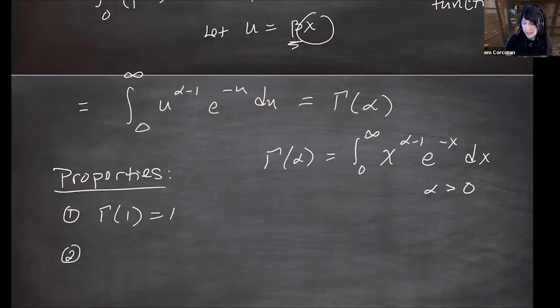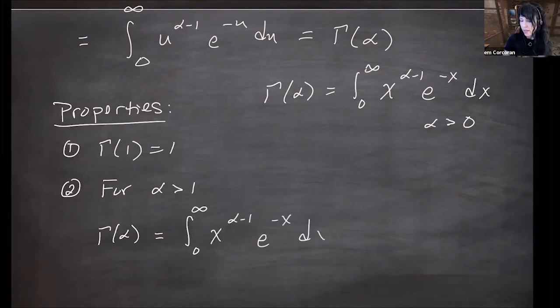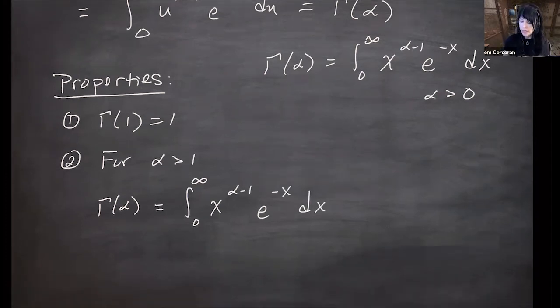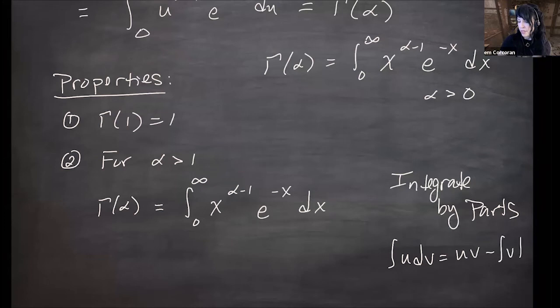The second thing is for alpha greater than 1. If you look at gamma of alpha, I am going to streamline this just a little bit. If you try integration by parts on this, that's the integral of u dv is uv minus the integral of v du.